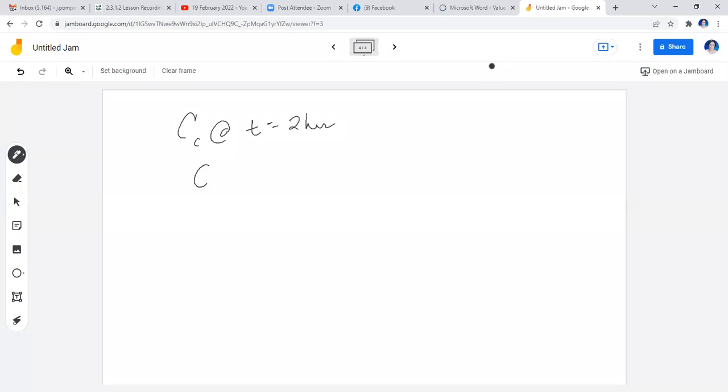The sum of the initial concentrations, or the sum of the concentrations at any time, should be equal.